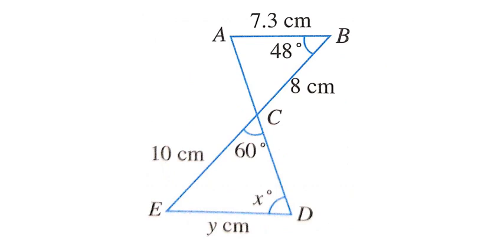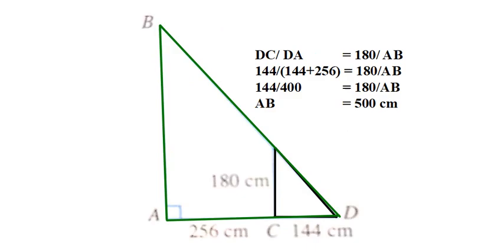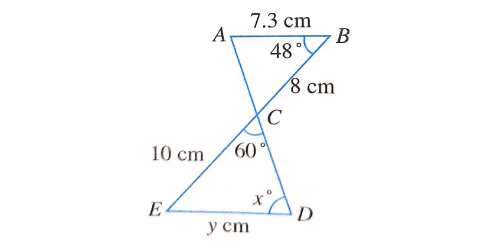Again, it is given that ABC is similar to DEC. We don't have that helping line that we can compare like this. Instead, we have something that is kind of twisted and placed upside down like this one.